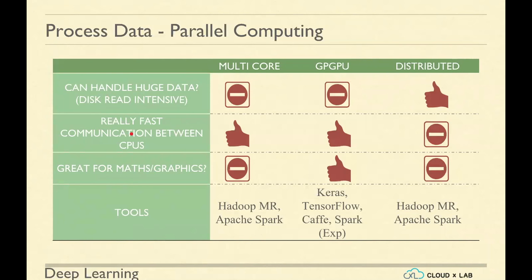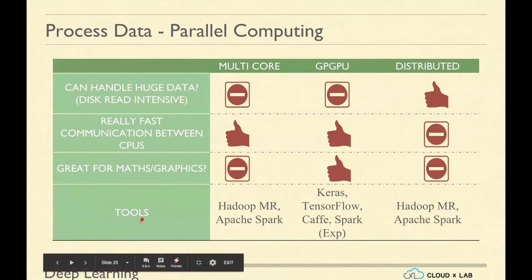When the problem requires faster communication between CPUs or computer processors, we either go for multi-core or GPUs. Multi-cores are usual computers. All of our laptops as of today are multi-cores. If you are doing something in machine learning or graphics, you might need a GPU.